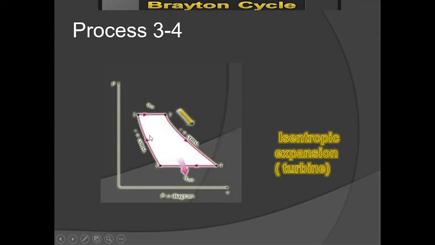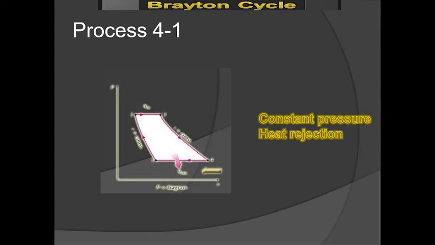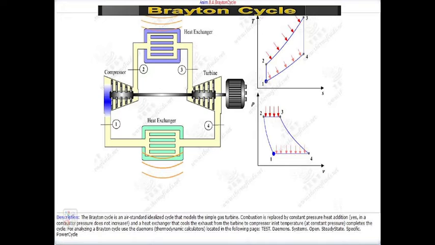And then next is the isentropic expansion, the turbine. The expanded air passes through the turbine. And then the constant pressure heat rejection, where the heat is rejected outside of the system. So here's a sample of a closed Brayton cycle.